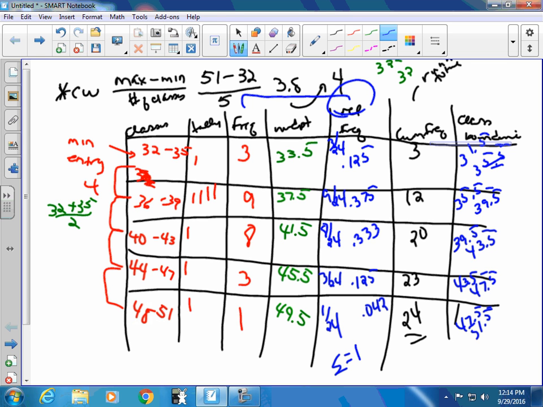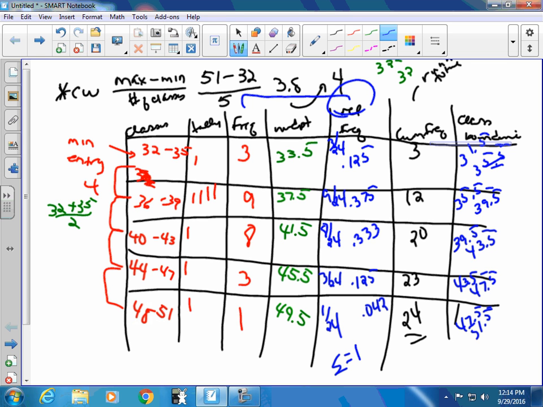Here's my number line. This is my axis down here somewhere. If my bar goes from 32 to 35, and my next bar goes from 36 to 39, I got a gap.